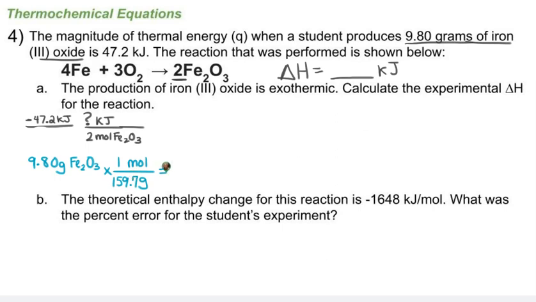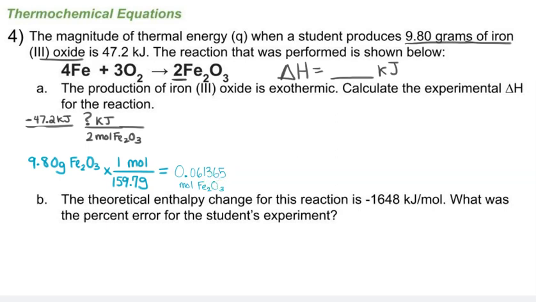So doing this calculation will give us the moles of Fe2O3. When I calculate this out, I got 0.061365 moles of Fe2O3.